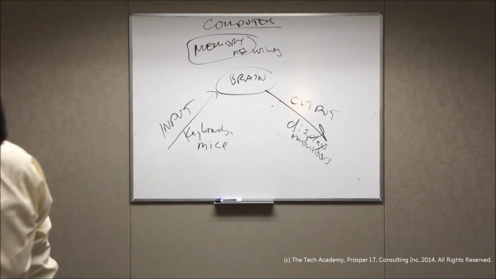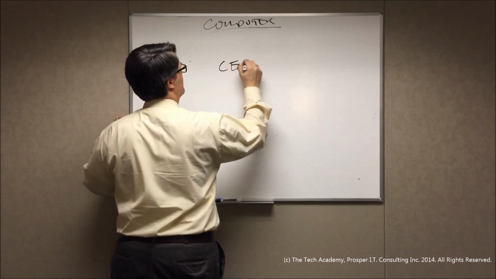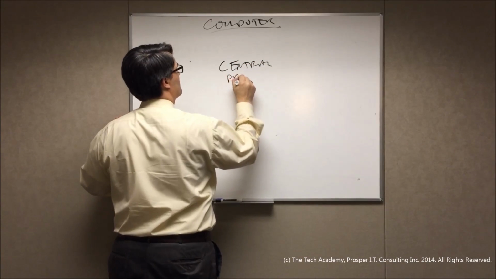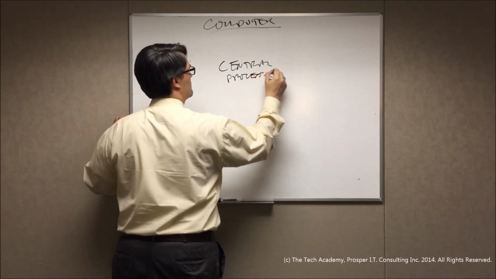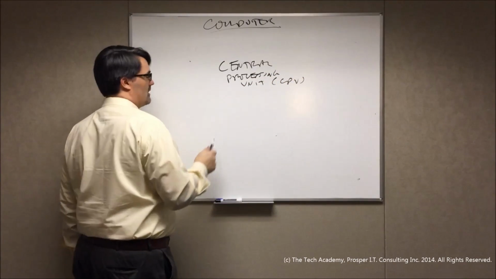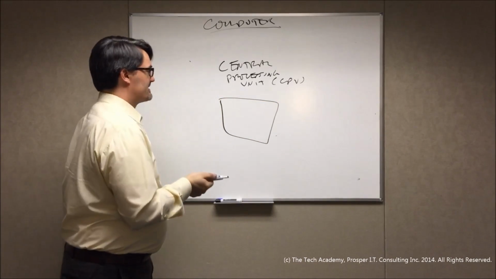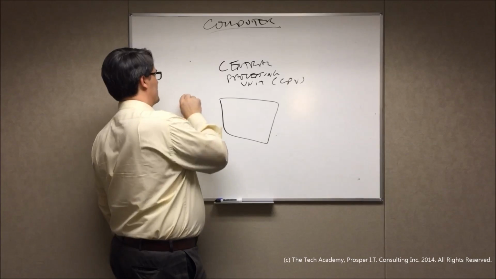So, what is it in physical terms? Well, the brain is a central processing unit. A CPU. A central processing unit is a tiny, tiny, tiny machine.